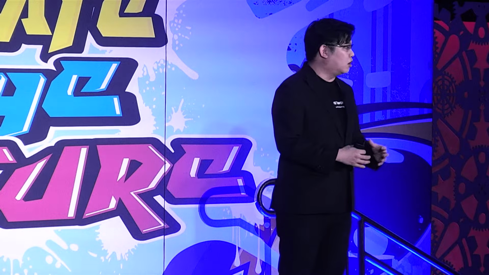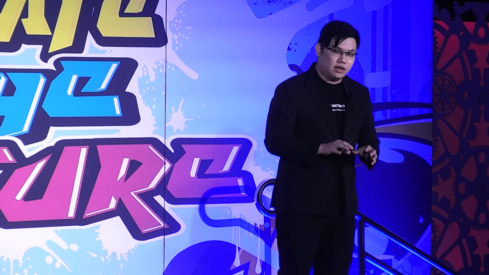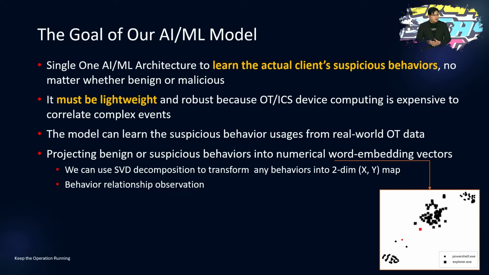We know that everything in the OT environment has limited computing power, so we cannot deploy a very heavy model there. IT solutions with AI are usually too heavy or deployed in the cloud, so our model must be lightweight. This model also needs to learn behavior from real-world OT telemetry data.